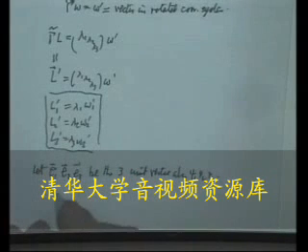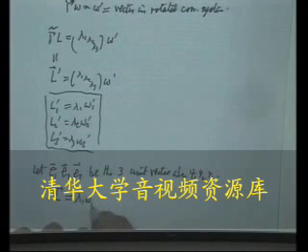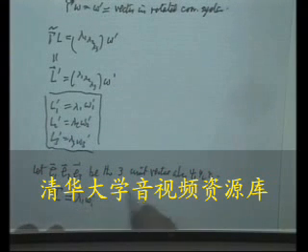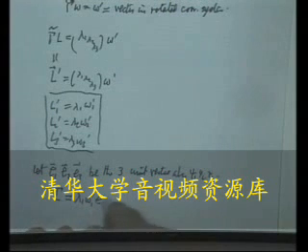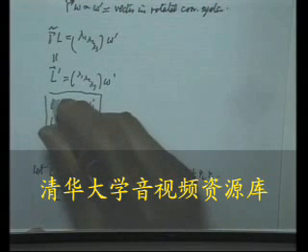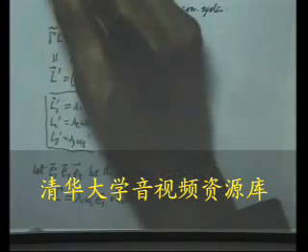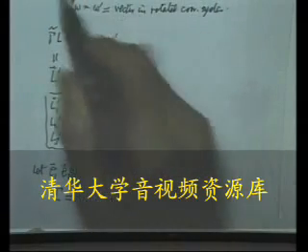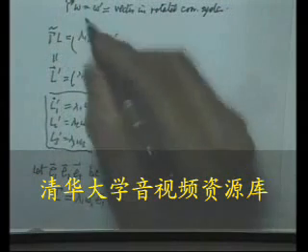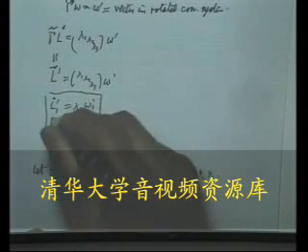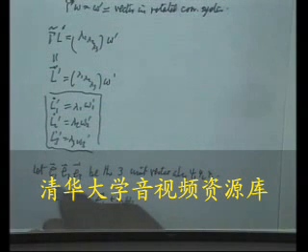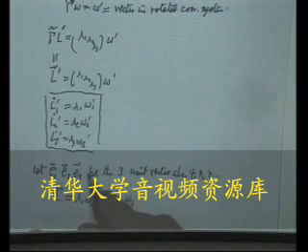So this equation merely means L is equal to lambda 1 omega 1 prime times E1 plus lambda 2 omega 2. Sorry, I was confusing myself.